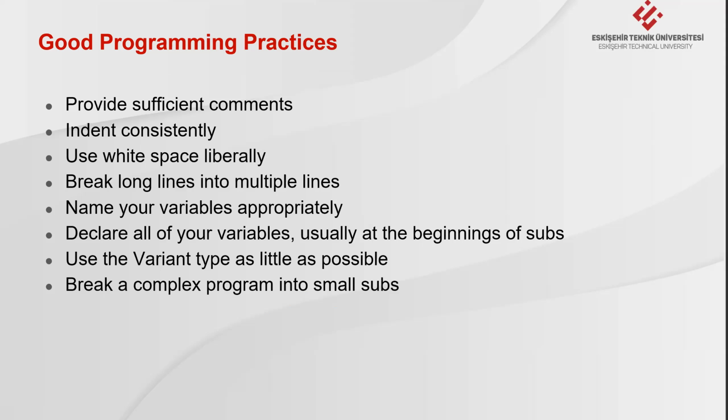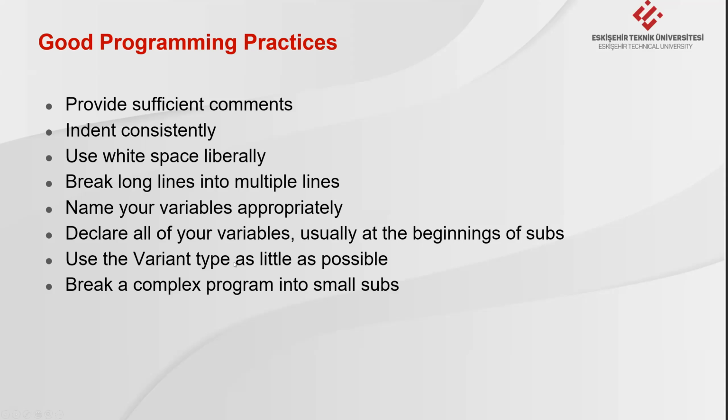Use the Variant type as little as possible. As we said, for example, if you don't say Dim i As Integer, you can say just Dim i. If you don't indicate As Integer, your variable will be Variant type, and it requires much more memory than the others.